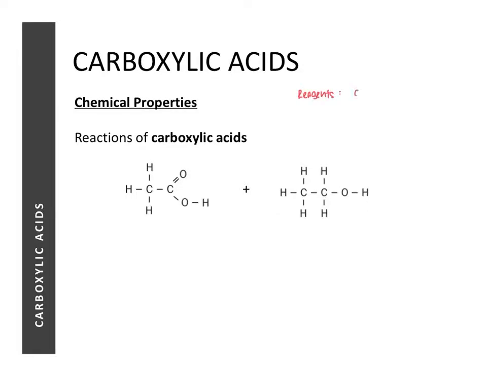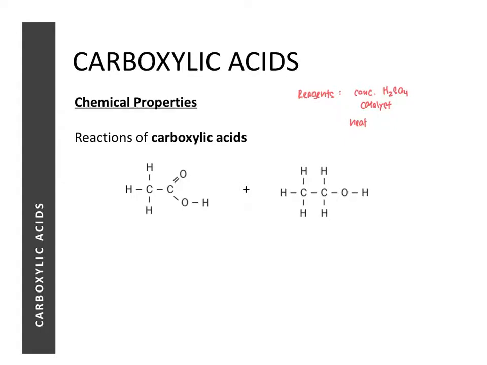We need concentrated sulfuric acid as a catalyst, and then we need to heat the reaction mixture. So what happens when you mix a carboxylic acid and an alcohol in the presence of concentrated sulfuric acid and heat? This is what is going to happen.